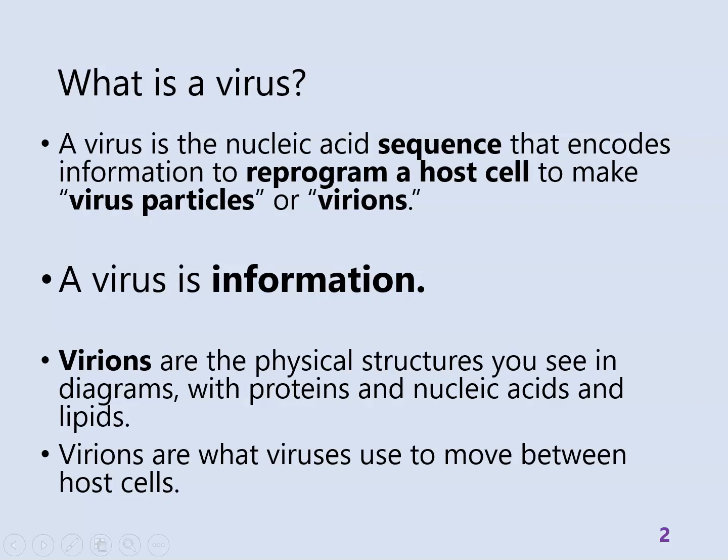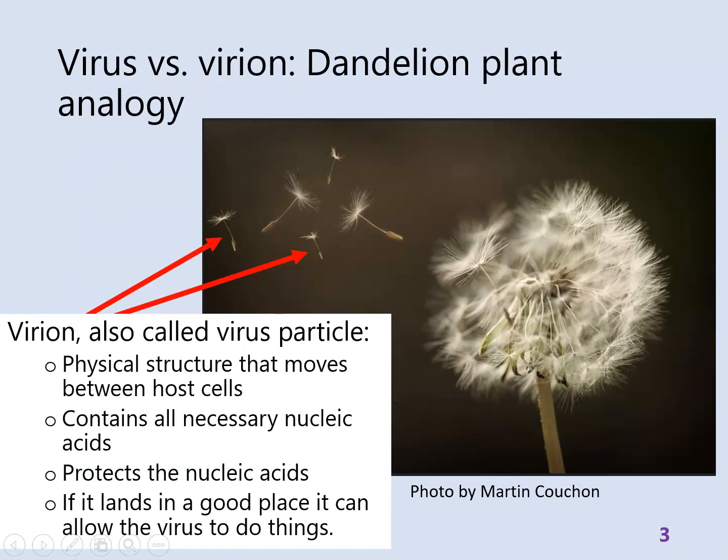So I want to show you an analogy I use. We can think of a dandelion plant. And you may be familiar with this. When a dandelion plant is done being a flower, it makes these seeds that are blown away on the wind.